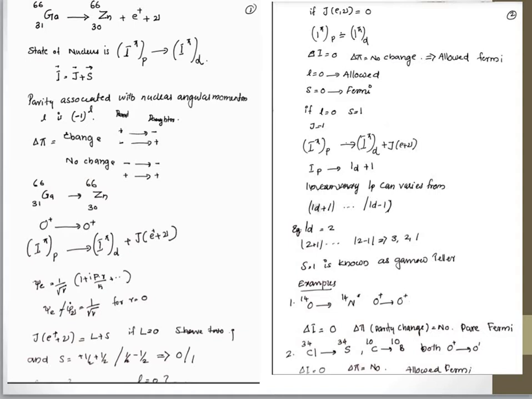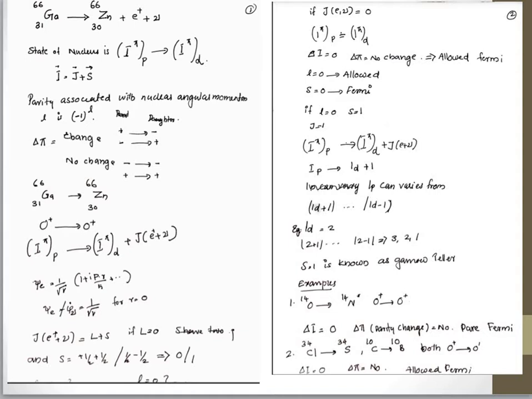Essentially, we have assumed that the orbital angular momentum of this particle is constant. This particle means the outgoing particles, that is the electron neutrino pair. So their angular momentum with respect to the daughter nucleus is 0.